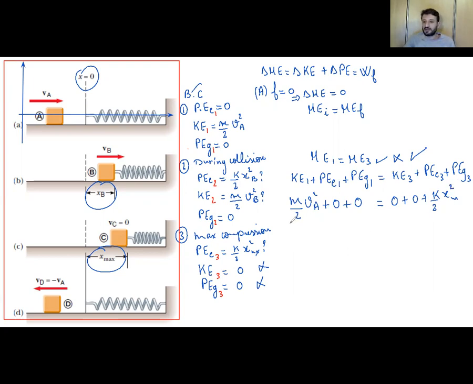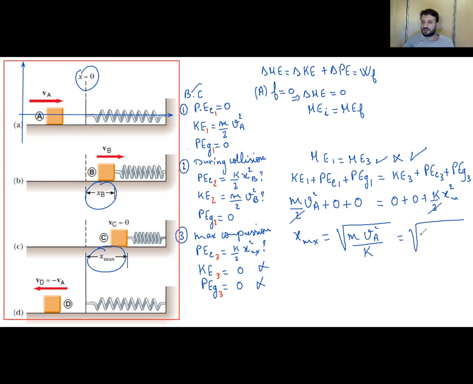So we can eliminate 2 and we calculate x maximum equals to the square root of m VA squared divided by k.